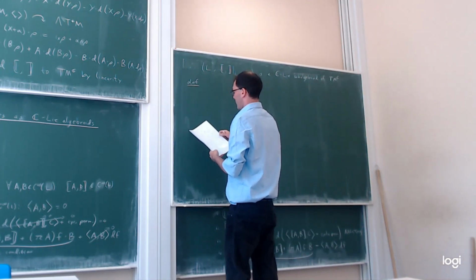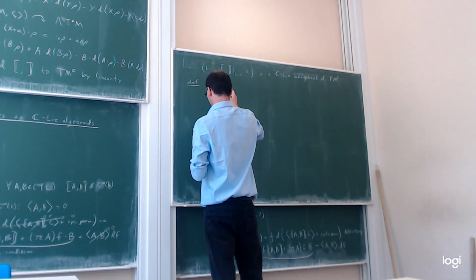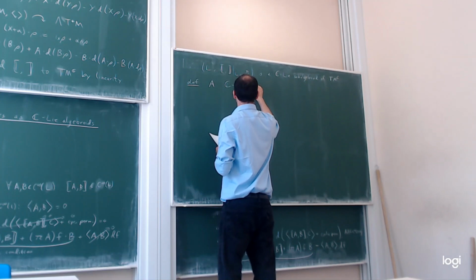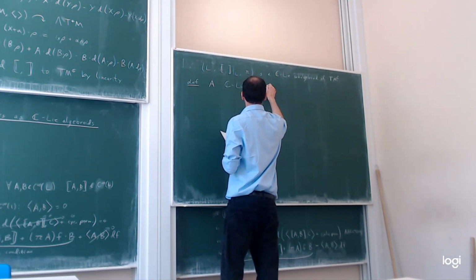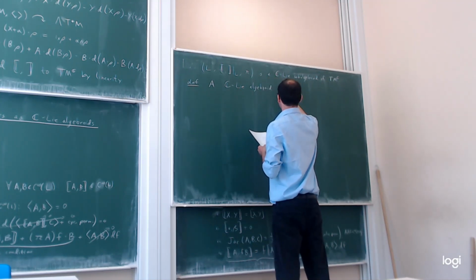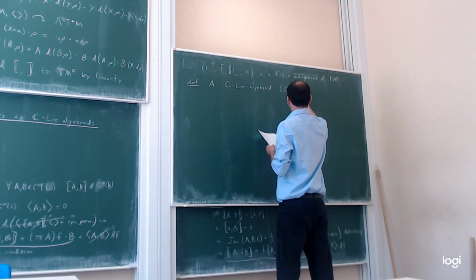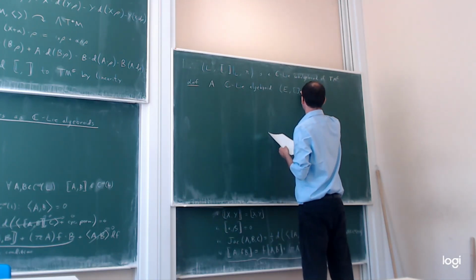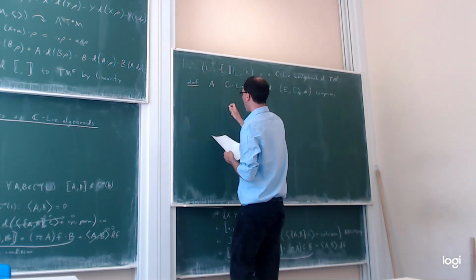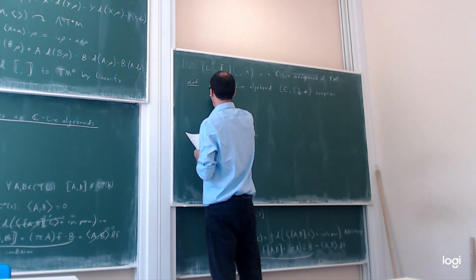Okay. So definition: a complex Lie algebroid (E, brackets, A) comprises three data.